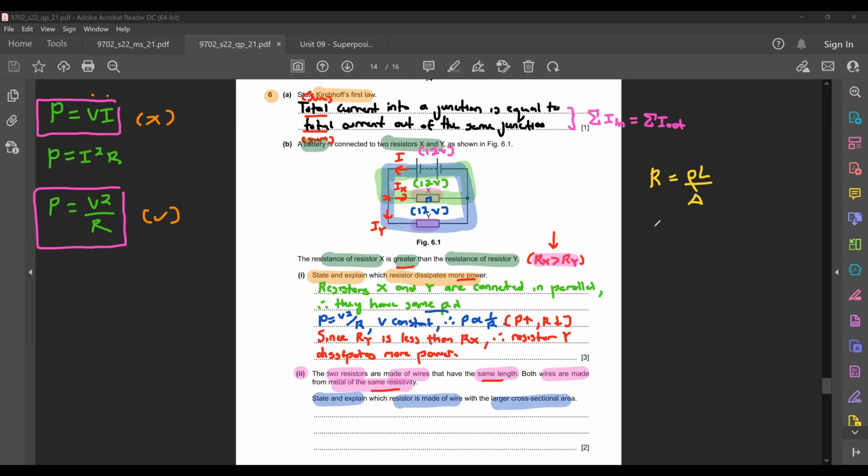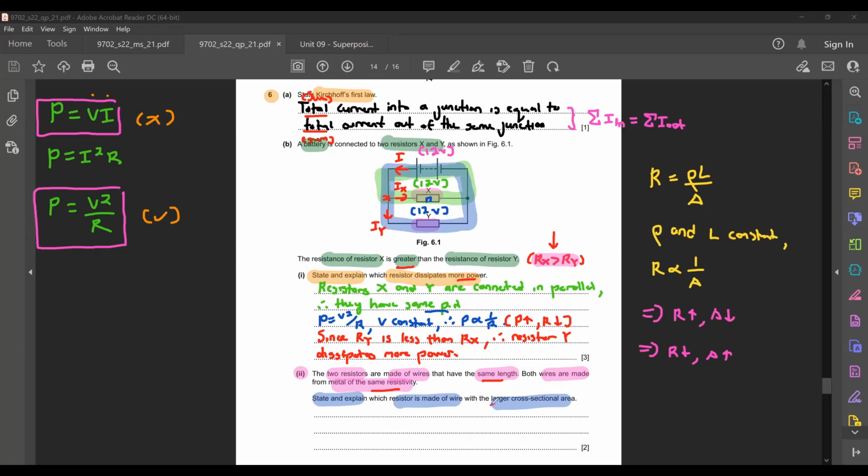We can actually say that rho and L constant, R is inversely proportional to area. So when R is inversely proportional to area, if R is big, A is small. On the other hand, if R is small, A would be big.